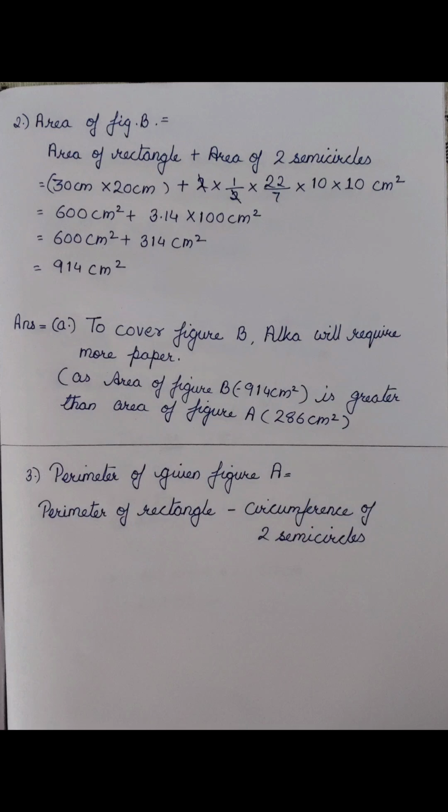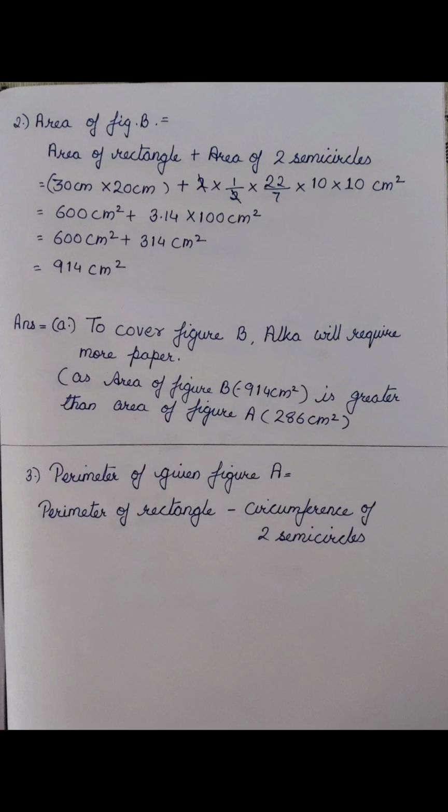Let's calculate the area of figure B. Again, I'm going to apply the same formula: area of rectangle plus area of two semicircles. See, in the last figure I subtracted the area of two semicircles. Here in figure B, I'm going to add the area of two semicircles. So the area of rectangle will be 30 centimeter into 20 centimeter, which is 600 centimeter square, plus two semicircles, which give pi r square.